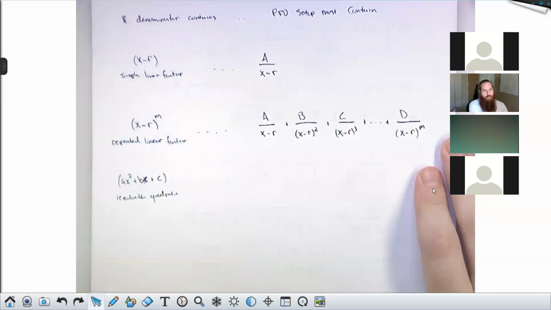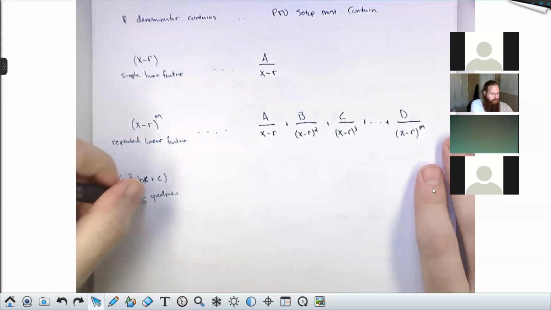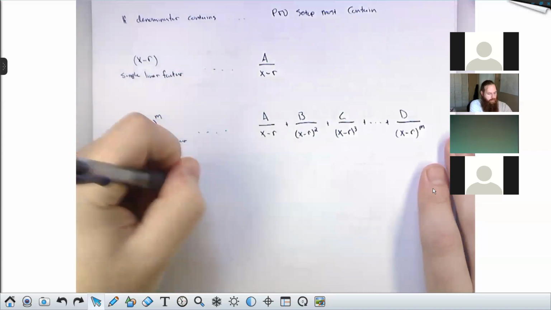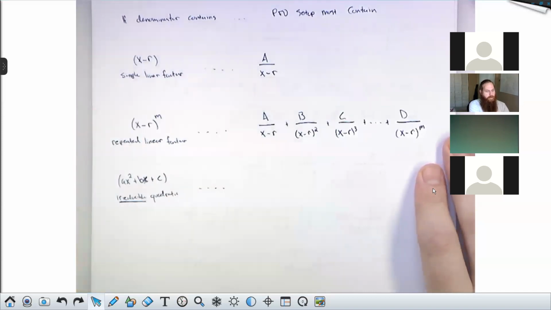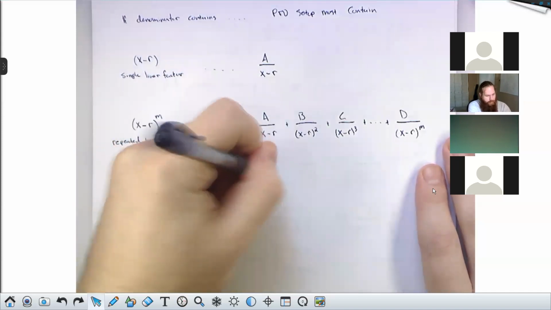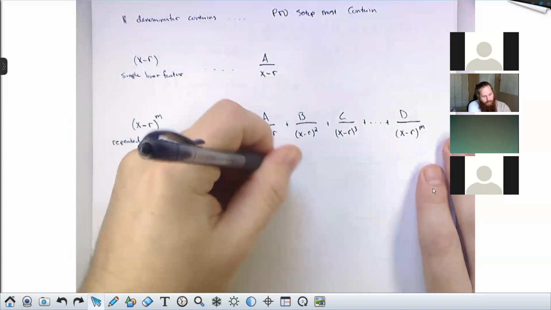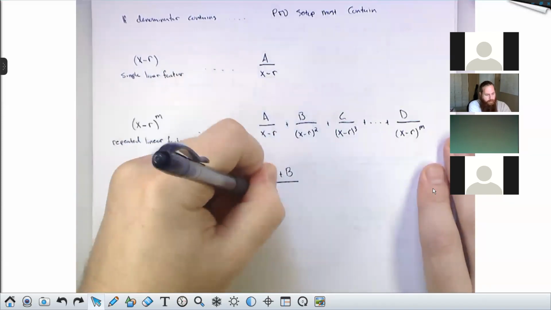So ax squared plus bx plus c, irreducible, meaning doesn't factor. If the denominator of the function you're trying to decompose has an irreducible quadratic factor, we have to ask what sort of proper rational functions could have been involved. And the answer there is, could be anything looking like this.